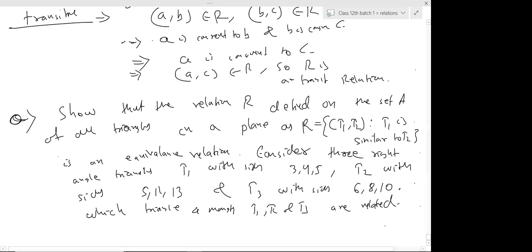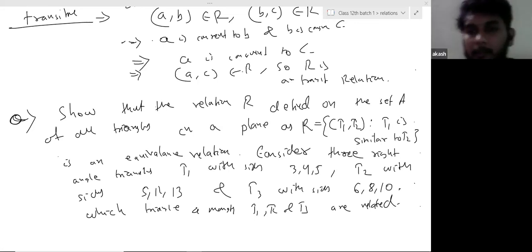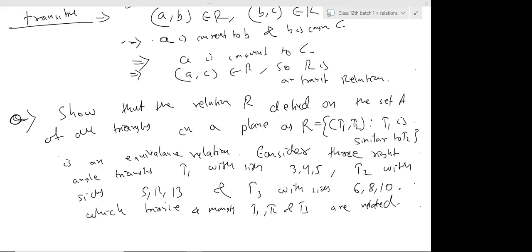Alright, the question seems very long to read, but it is a very easy question, almost similar to the previous question. Right, everyone? Yes, sir. Shikhani, can you tell me what is a similar triangle?